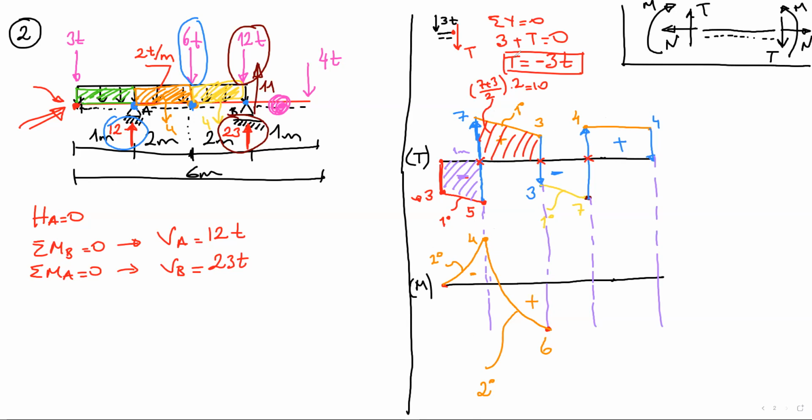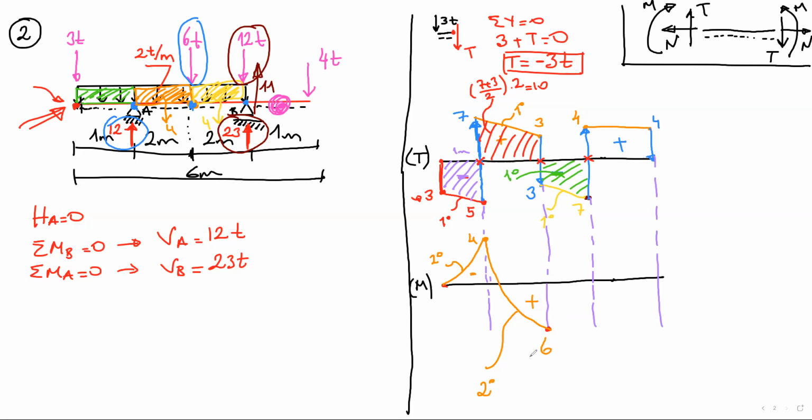Now, where are we? We are here. What do we have here again? We have again a 10. These two residual sections are similar to each other. That's why this is 10, but it's -10.